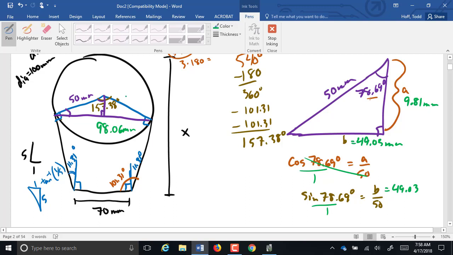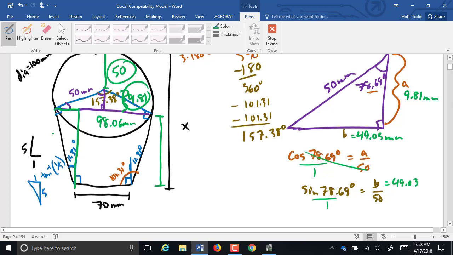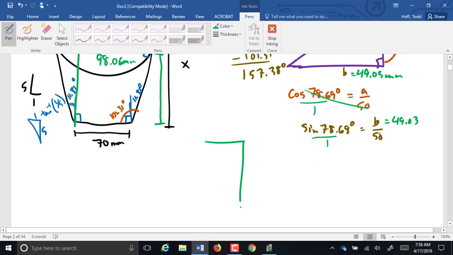So what we have now is this piece here of 9.81. We have this piece here of 50. All we need is this piece here, right? We can find that piece off of that triangle. We know this angle is 11.31 degrees.